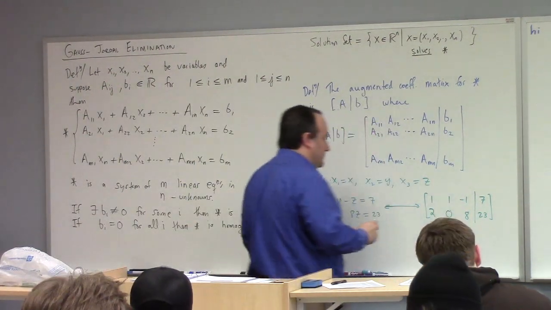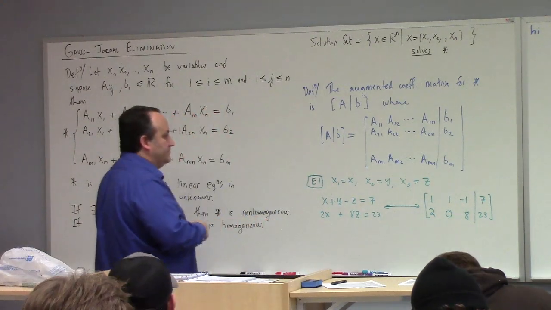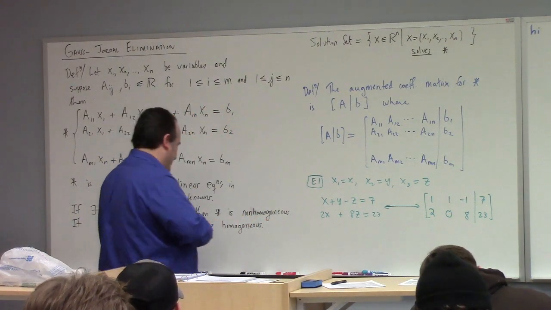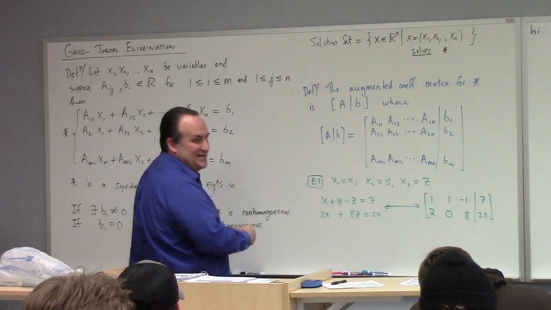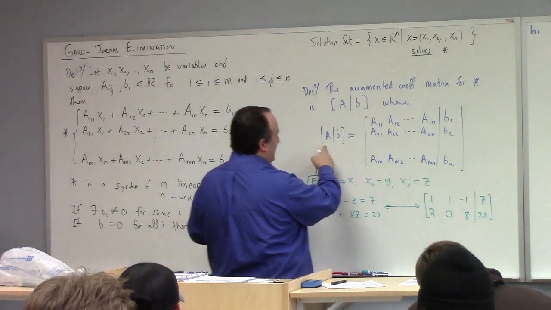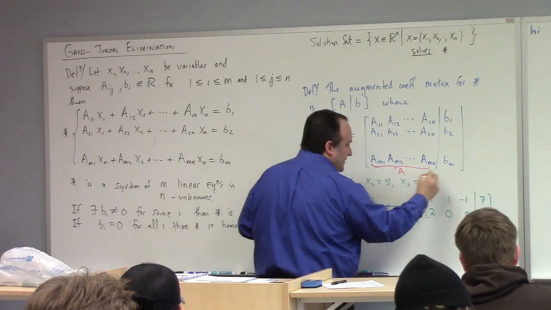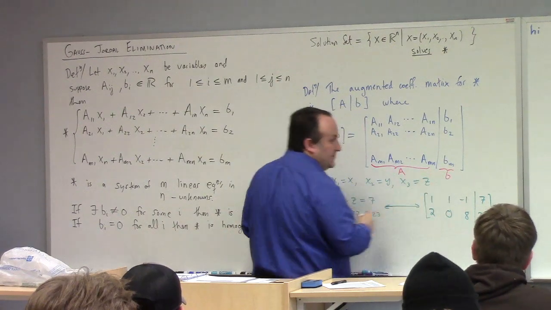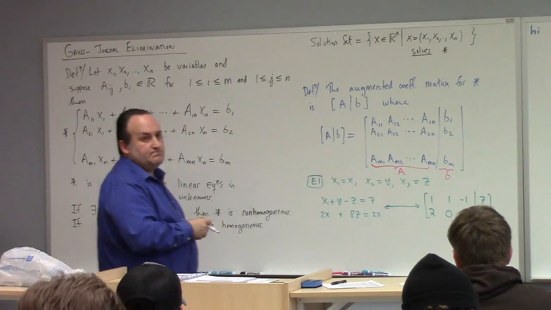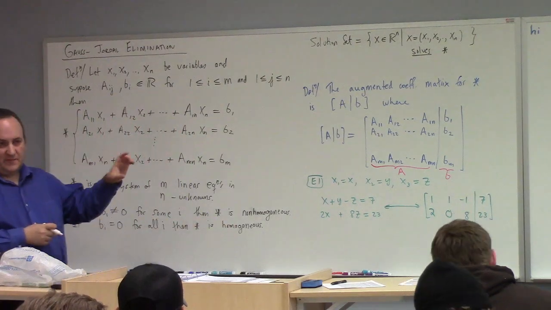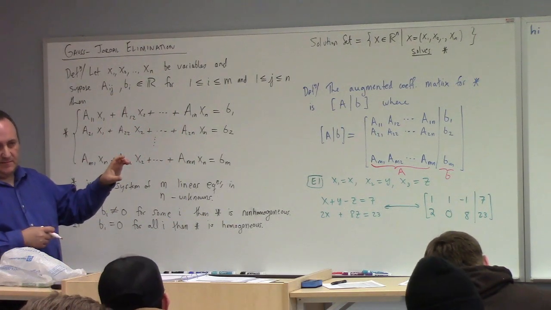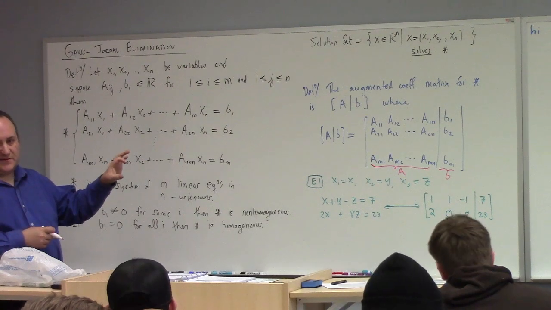So, oh man, well, I'm going to have to squeeze it in here, guys, but I guess I could do it over here. So this is, quote unquote, A, and this is, quote unquote, B, all right? So B is what we call a column vector, right? The column vector of inhomogeneous terms.